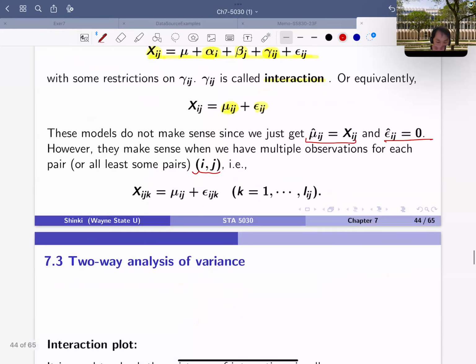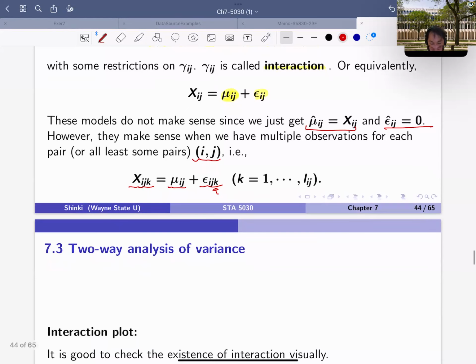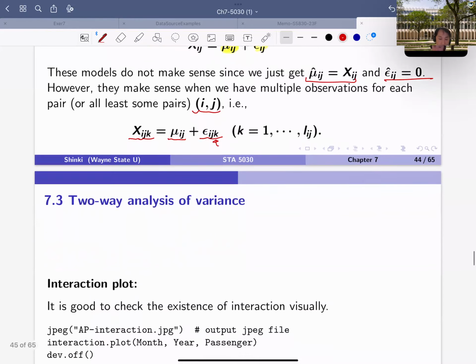So in such a case, we have multiple measurements for a specific pair ij. So we can say that we have x_ij1 and x_ij2 and x_ij3. So in such a case, this model makes total sense: mu_ij plus epsilon_ijk. So we have the overall level for the pair ij, but the specific plant has some specific error. So that is possible.